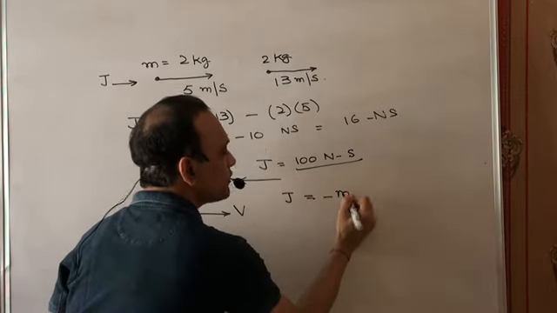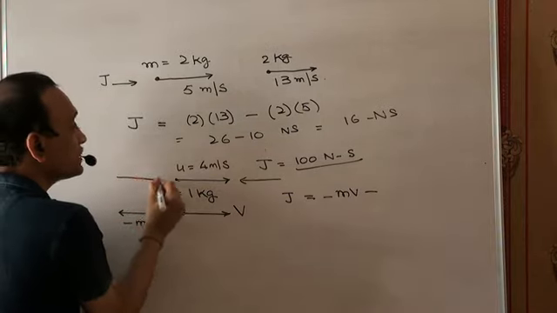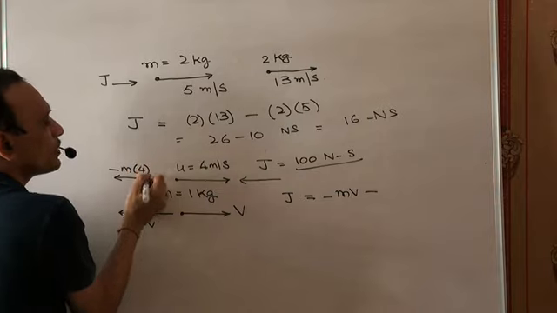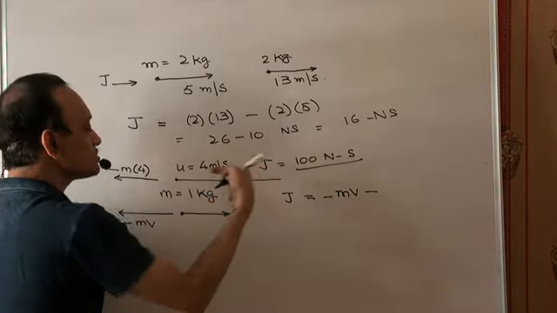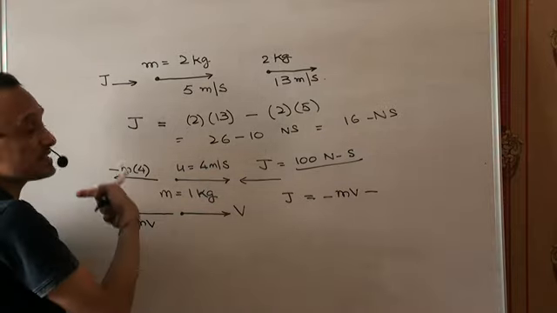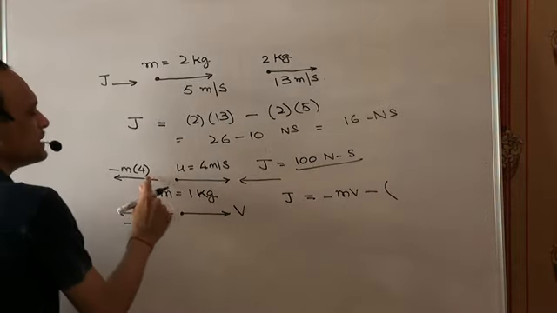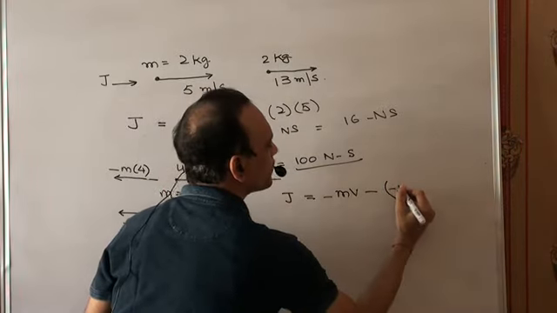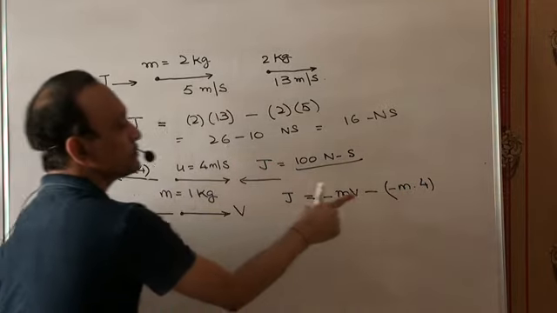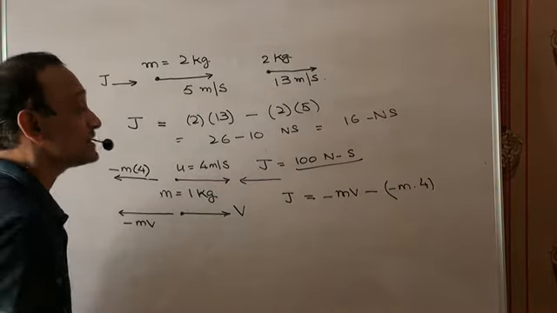Initial linear momentum in this direction is going to be minus m into 4. So minus mv minus, minus m into 4. Final linear momentum in the direction of the impulse minus initial linear momentum in the direction of the impulse, that must be the impulse.